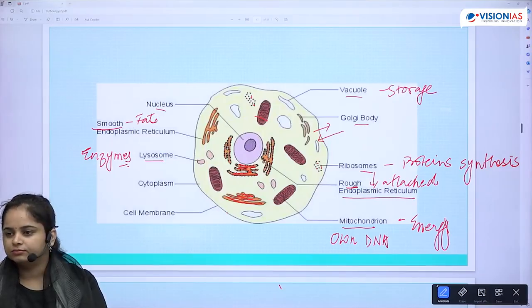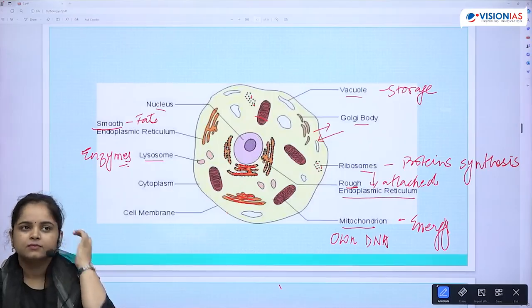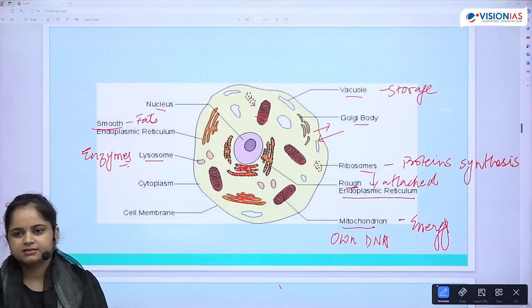It can break down the whole damaged cell by releasing its enzymes into the cytoplasm. It is thus called the suicide bag of the cell.